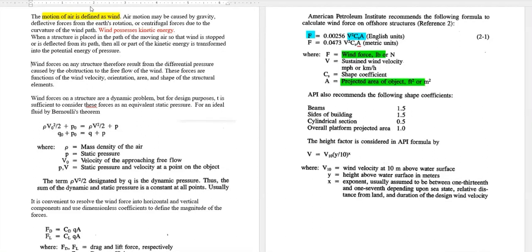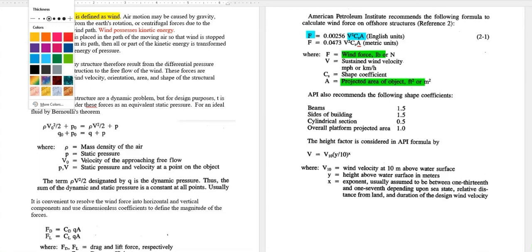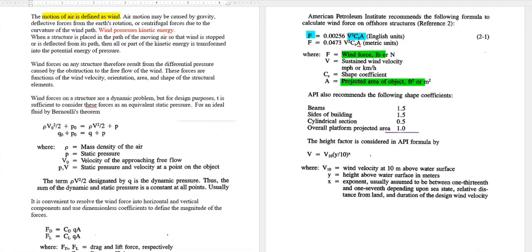So here we need to see this cylindrical section, because mostly in jacket structures everything is cylindrical only. That's why 0.5 is the shape coefficient. For the overall platform projected area, whenever we do the topside calculations, we will be considering the overall projected area, and that is 1.0.